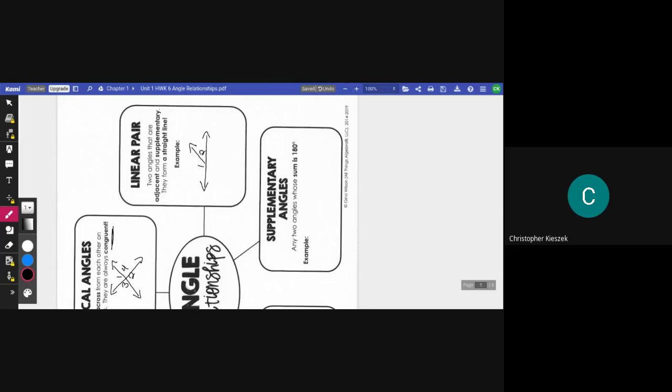They're adjacent and they're supplementary. Now, we haven't gotten to it yet. That's actually the next one. Supplementary angles add up to 180. So in this case here, the measure of angle 1 plus the measure of angle 2 equals 180.